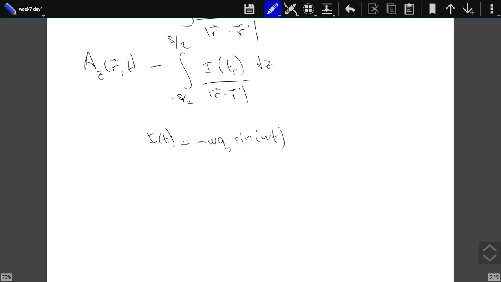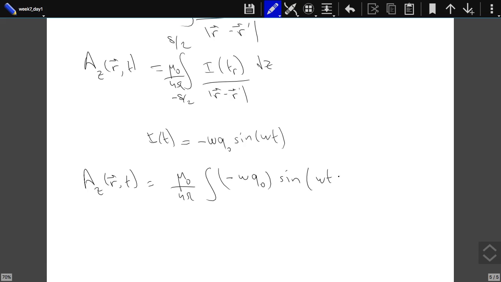So if you just put it, here we have the mu 0 over 4 pi. So the vector potential just becomes mu 0 over 4 pi minus omega q0 sine of omega t minus omega |r minus r prime|/c, divided by |r minus r prime| times dz.